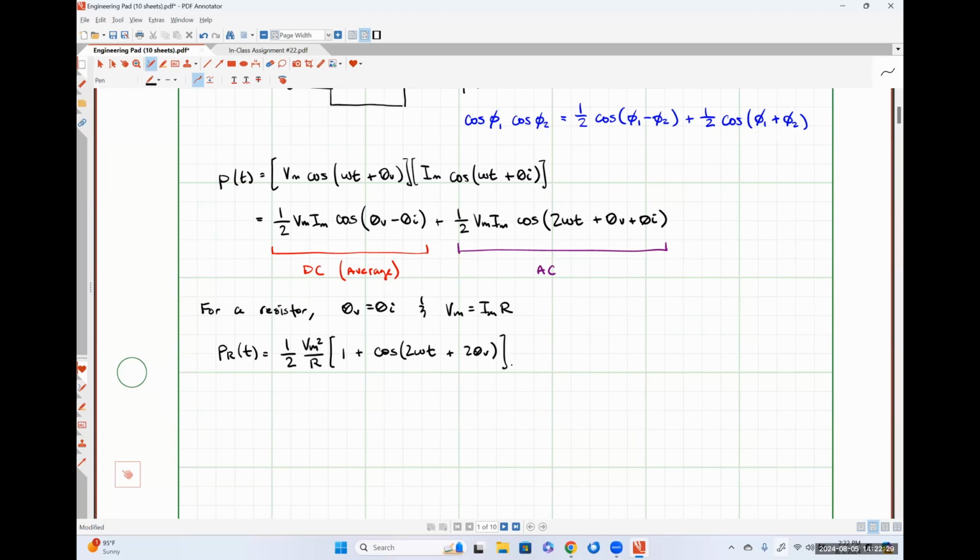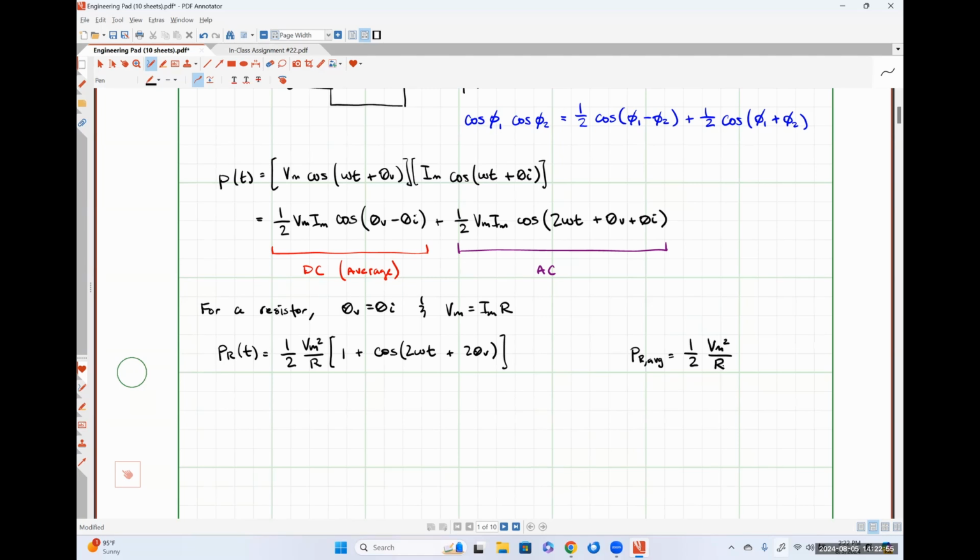So we now have a simpler relationship, but it's only valid for resistors. Our average power is just the DC part of this relationship, which is simply 1/2 V_m squared divided by the resistor value.